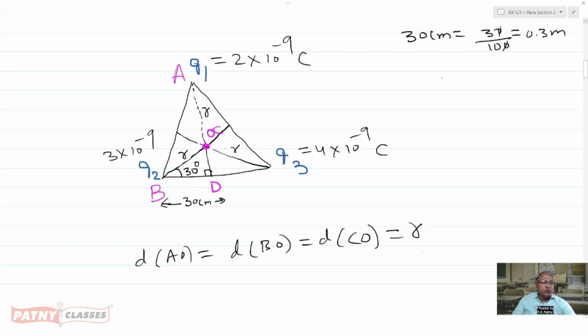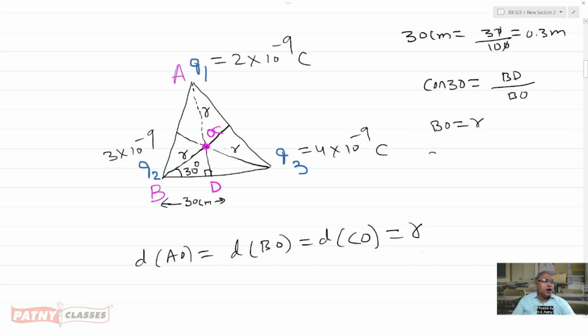Now we have the two sides BD and OB. We need to find the value of R. For that we need to use trigonometry. So we have the adjacent side and hypotenuse. Therefore I am using cos theta. Cos 30 equals adjacent side upon hypotenuse, that is BO.